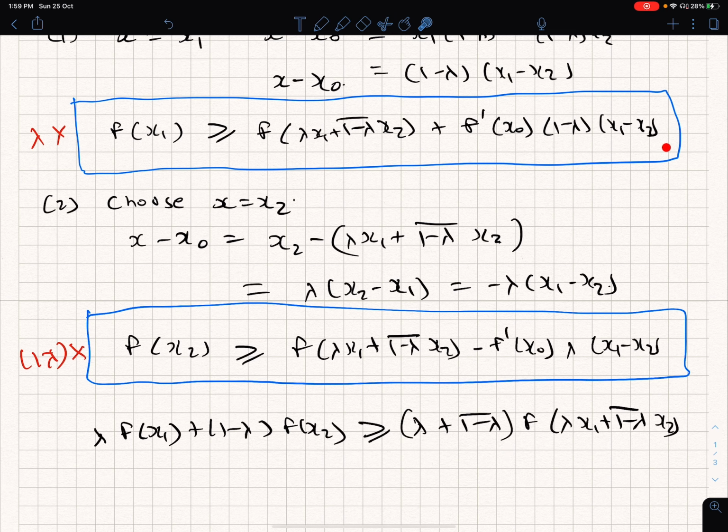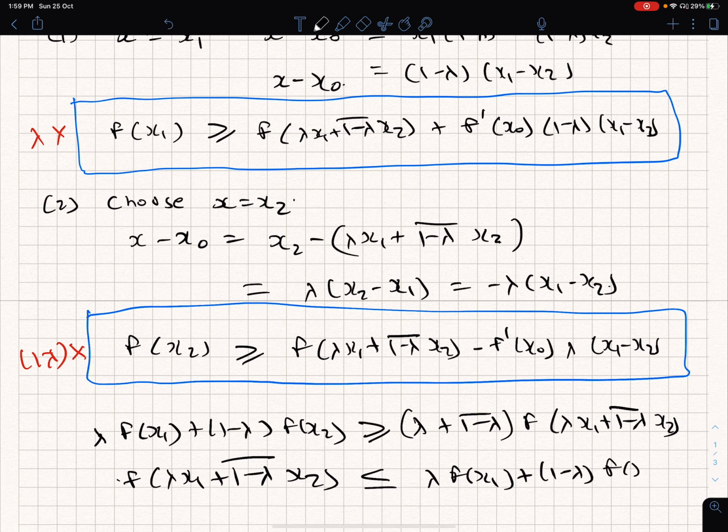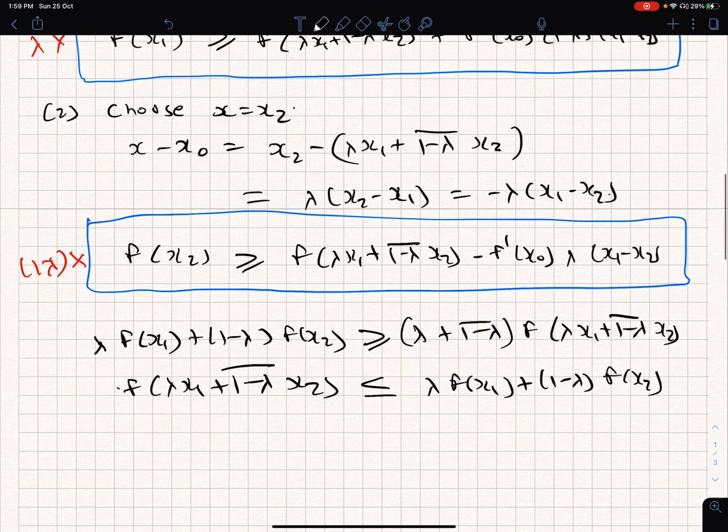And the second terms, after multiplying by lambda and 1 minus lambda and adding, cancelled out. So therefore, what do I get? I get that f of lambda x1 plus 1 minus lambda of x2 is less than or equal to lambda times f of x1 plus 1 minus lambda times f of x2.